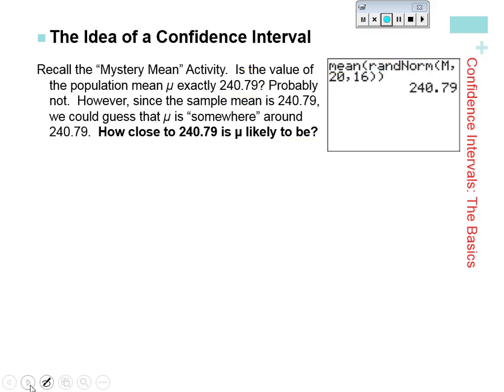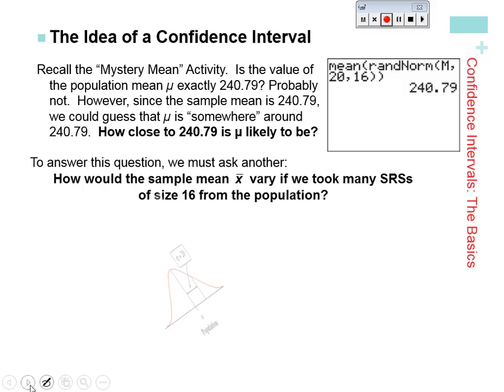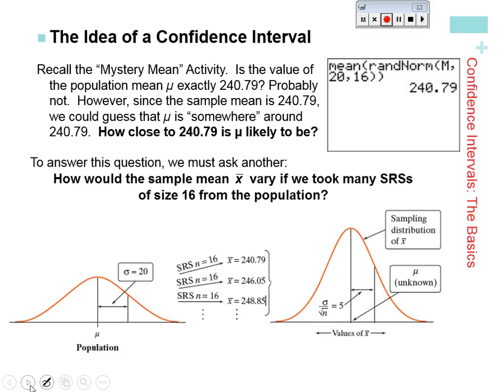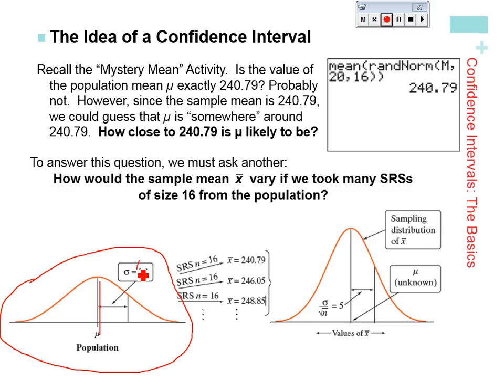So if we're comparing some different things with this and the normal curve, if you take a look here on the left, what you have is the population distribution for this that has some unknown mean in the middle and a standard deviation of 20. And if we take simple random samples of size 16 from this population, we would get a sampling distribution that looks like this.